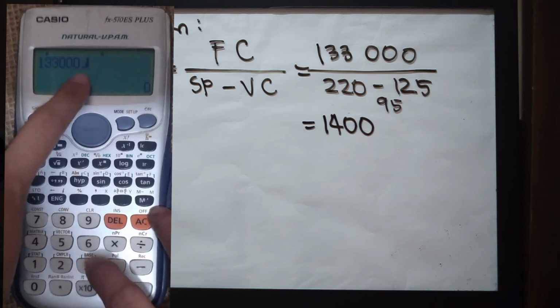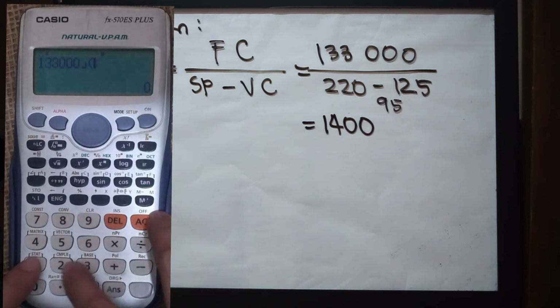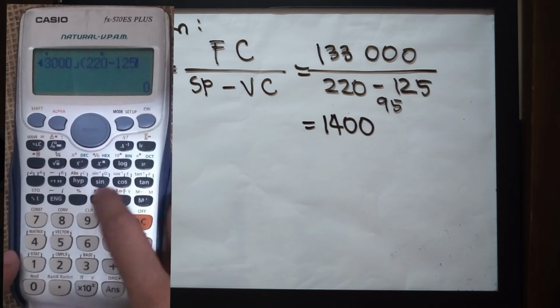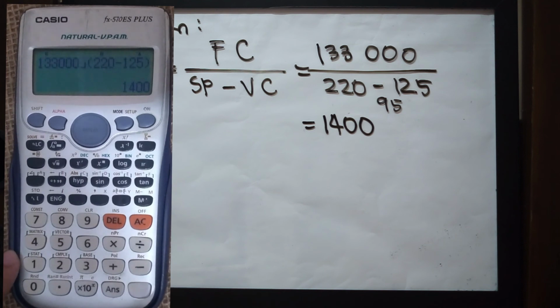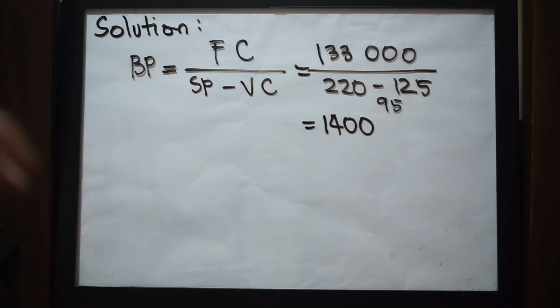Tapos lalabas yung symbol for the fraction. Tapos open parenthesis, 220 minus 125, close parenthesis, then equal sign. Ayun, 1,400 pa din po yung lalabas na answer.